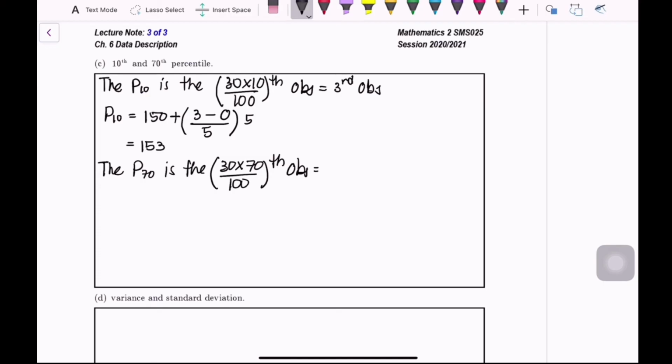observation, so it is equal to the 21st observation.